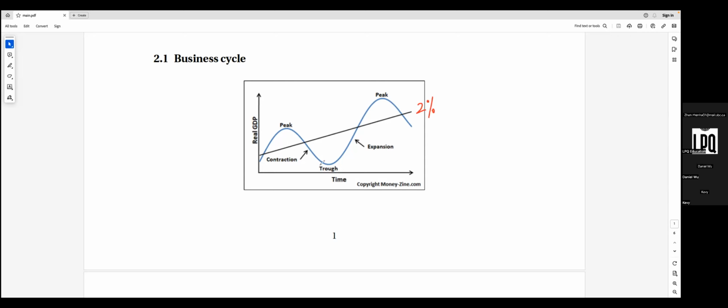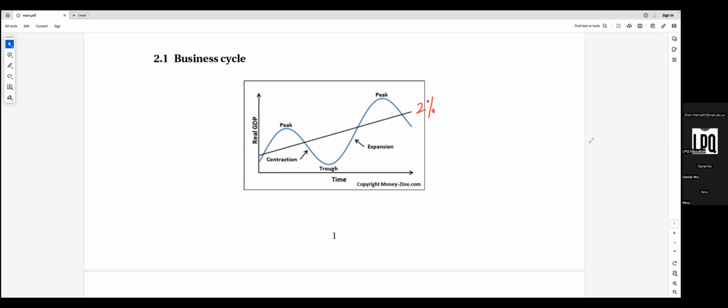If we connect all the annual growth rate data points together, we get this blue line. You see this blue line, for these data points, the GDP experiences fluctuations. There are some fluctuations in aggregate economic activities.